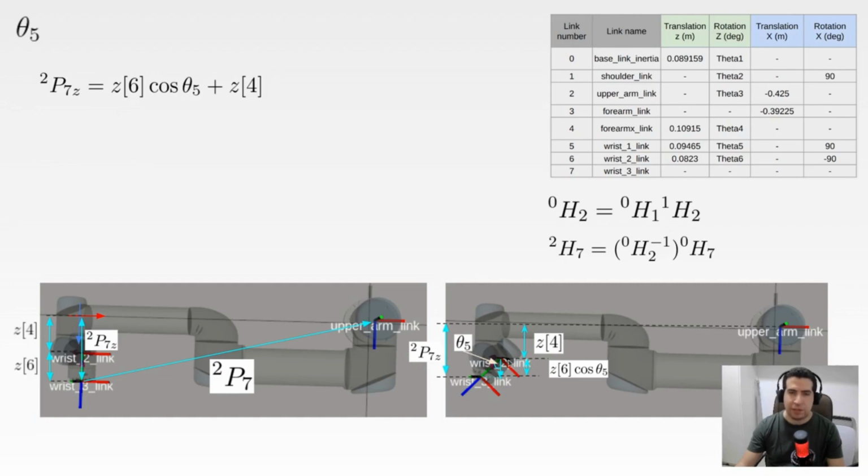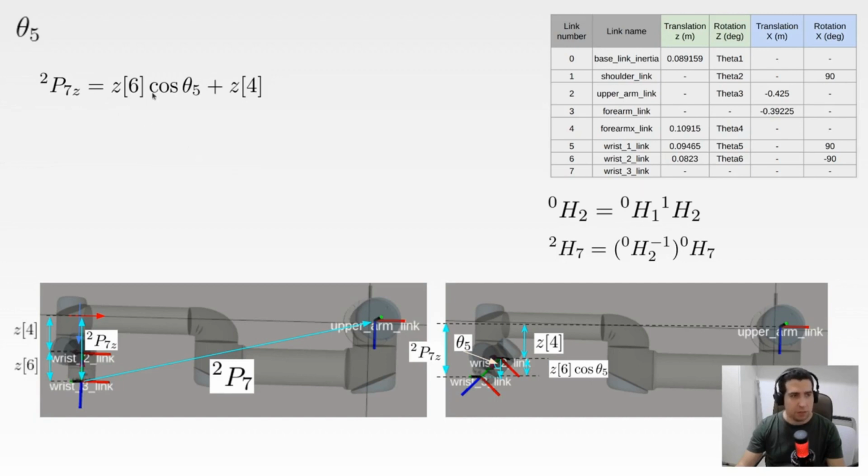Actually, wrist 2 link rotates by theta 5, and then it changes the position of the wrist 3 link. So if you want to still find the distance between this line here to the upper arm link, you have to project the z6 into this direction using the cosine.